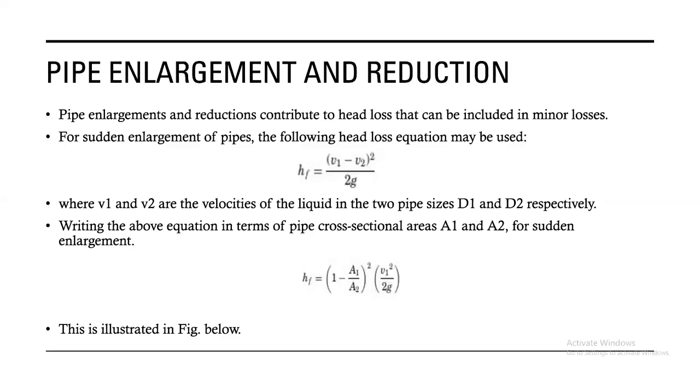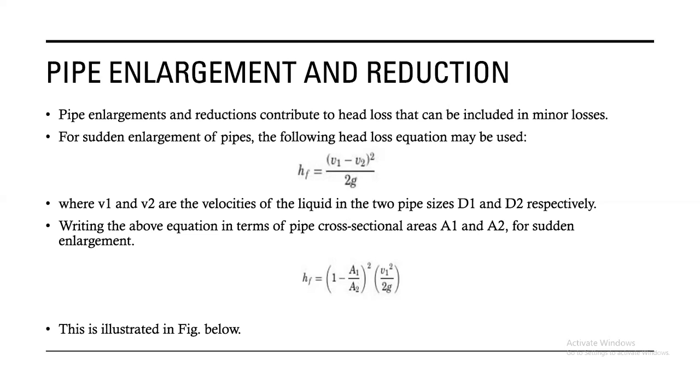Pipe enlargement and reduction. Pipe enlargements and reductions contribute to head loss that can be included in my analysis. For sudden enlargement of pipes, the following head loss equation may be used. HF, which is head loss, equals velocity in pipe 1 minus velocity in pipe 2, squared, over 2g, where V1 and V2 are the velocity of the liquid in the two pipes of sizes D1 and D2 respectively.